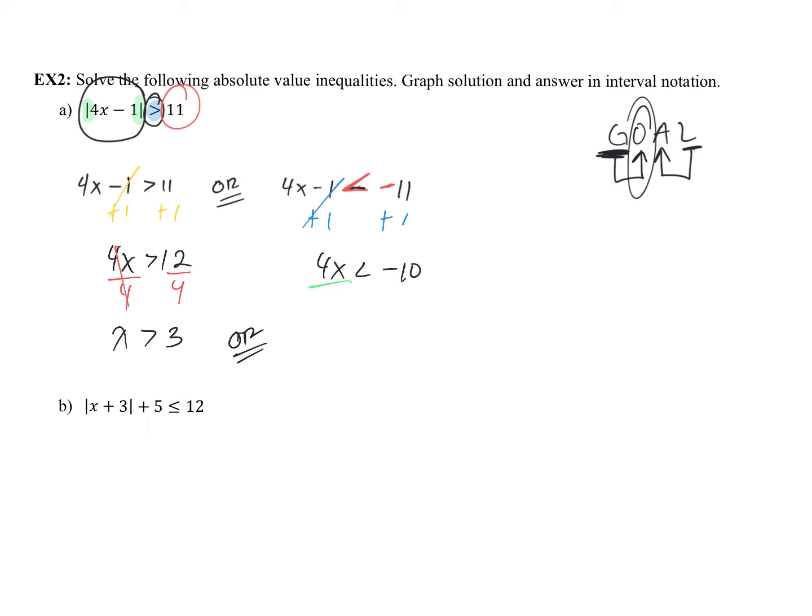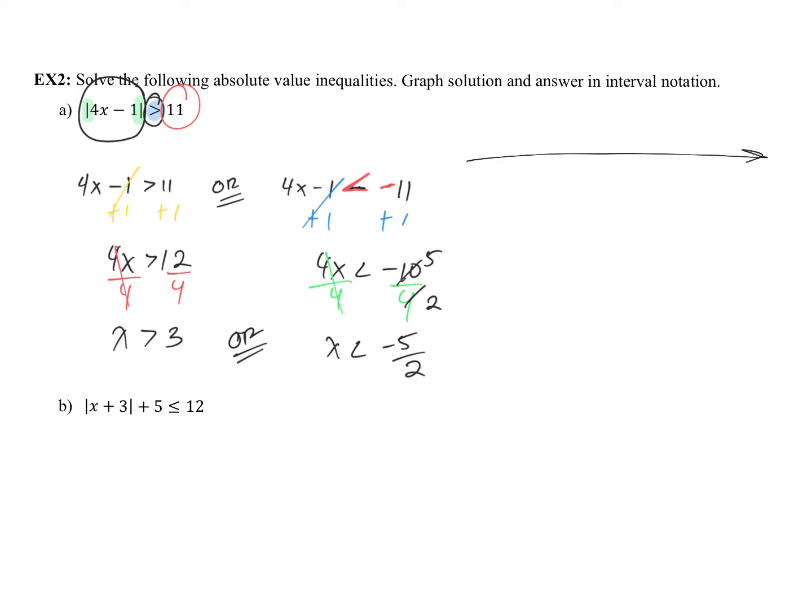And dividing both sides by 4, we get x is less than, well, negative 10 divided by 4, I can simplify that into negative 5 over 2. Alright, but we're told to also graph our solution and answer in interval notation, so let's take a look at this. We have 0, we got the negative 5 over 2 here, and then the 3 over here.